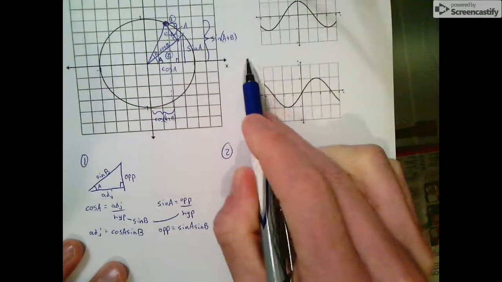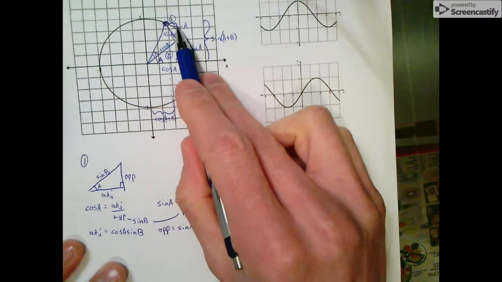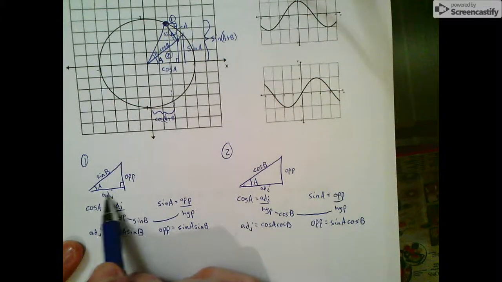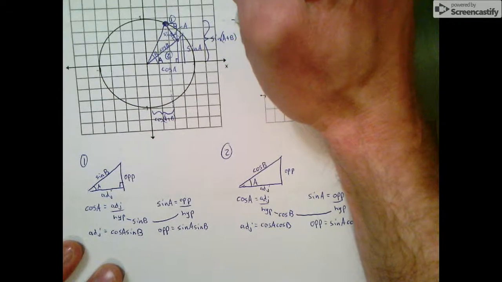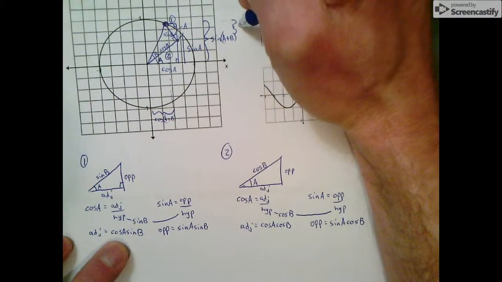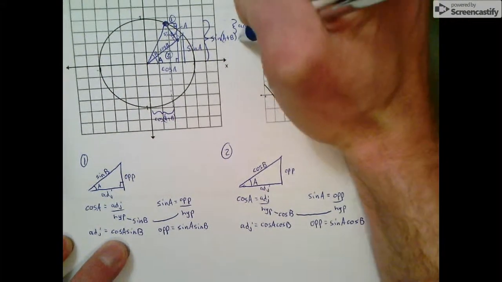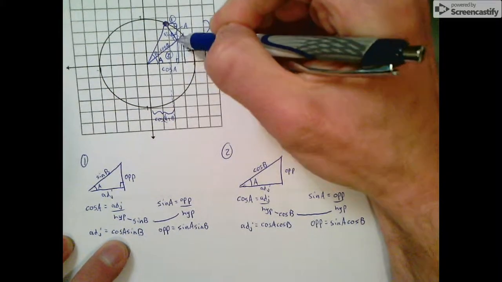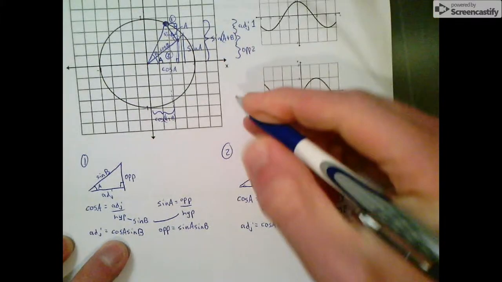Looking at triangle 1, we can see that right over here, this is the same as the adjacent side on triangle 1. So this distance right here is the adjacent side, which we'll call adjacent 1. And the rest of this distance here is the opposite side of triangle 2.